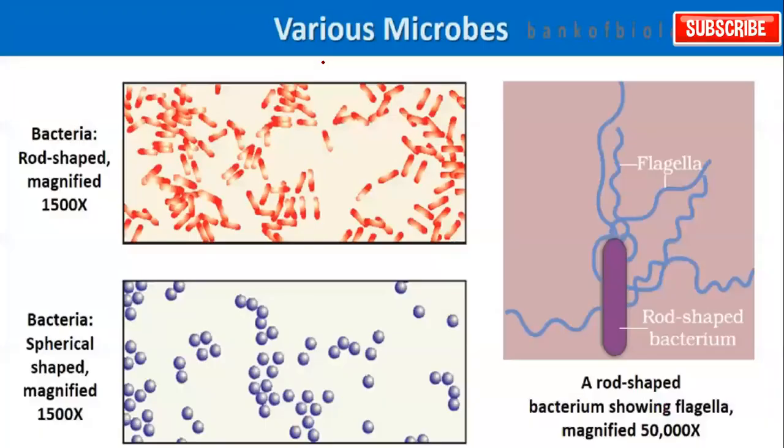Yes, these are some of the varieties of microbes that are mentioned in your text. Here in this diagram we are referring to bacteria. What do you mean by bacteria? Bacteria are prokaryotic species, right?